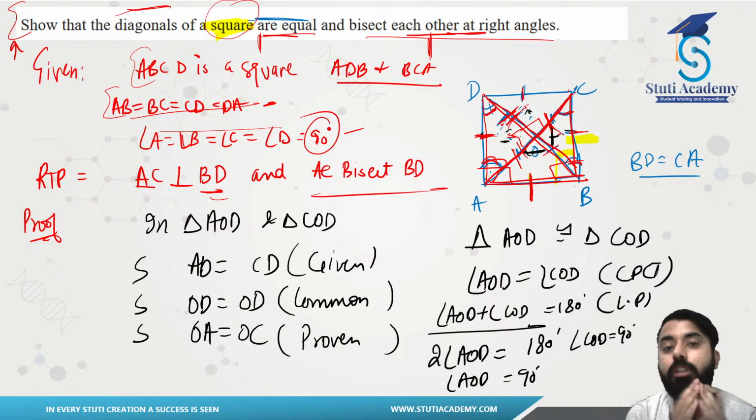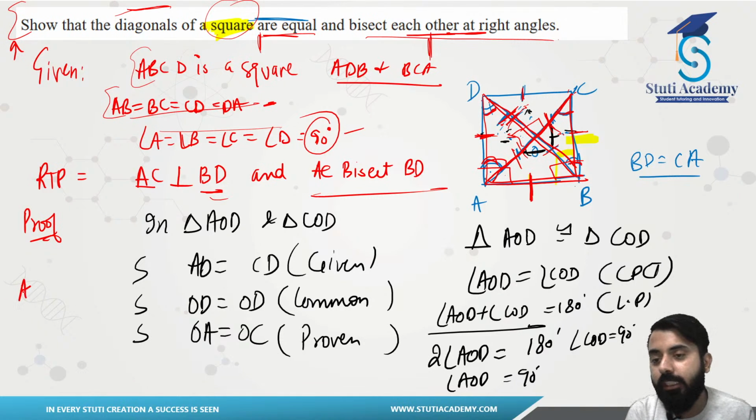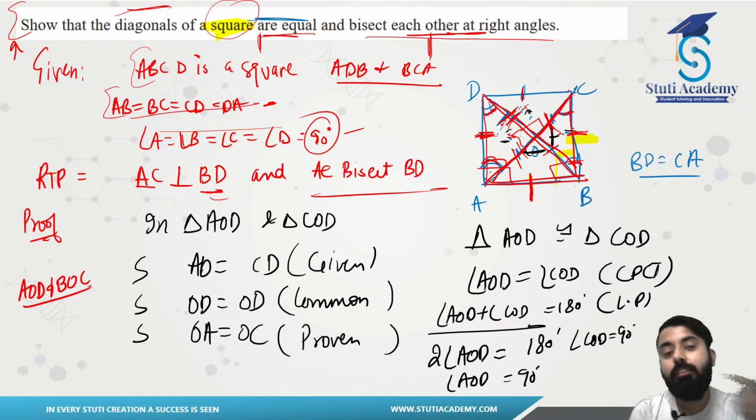Then we went for what? Then we had to make sure that the diagonals were bisecting each other at right angles. I had taken the help of the case where I told you that a square is a parallelogram as well, sharing the same properties of a parallelogram. So if I take these two triangles, AOD and BOC, I knew AD was equal to BC, since ABCD was a square and therefore a parallelogram.